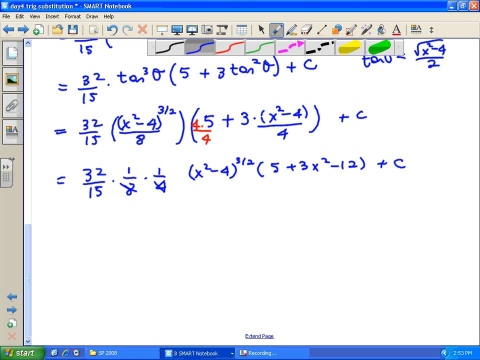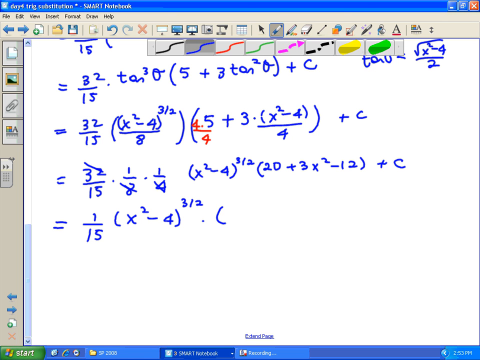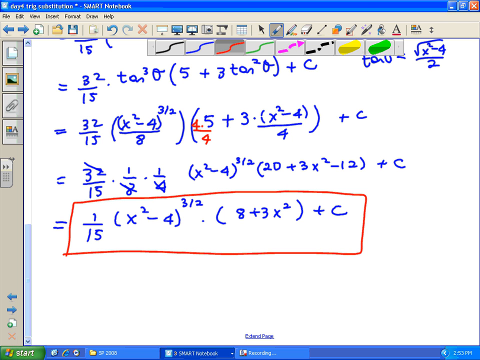And notice 4 times 8 is 32, canceling with the 32 up here. So we are left with 1 over 15 times x squared minus 4 to the 3/2 times, excuse me, this one up here was 20, because I had 4 times 5 up there, so that was a 20 up there. So now in the last parentheses I have 20 minus 12, which is 8, plus 3x squared plus c. So I think this is pretty much as far as we can go in simplifying our final answer here.